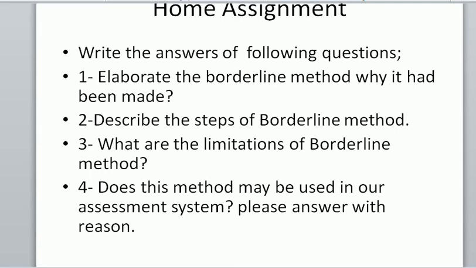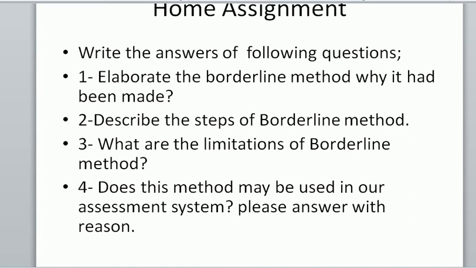Dear students, this was the borderline method, which is an examinee centered method.